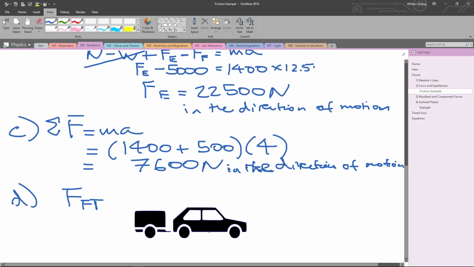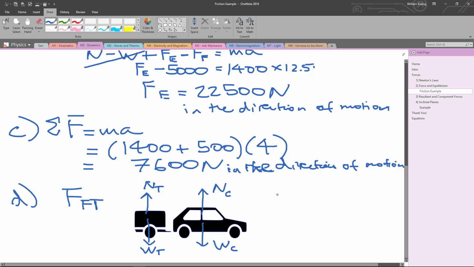Okay, so we have the weight force of the car, of course. We have the normal force of the car, so N. So now I'm going to use subscripts. So I'm going to say C for the car and T for the trailer. So the trailer, we're going to put WT, and NT for the normal force for the trailer.